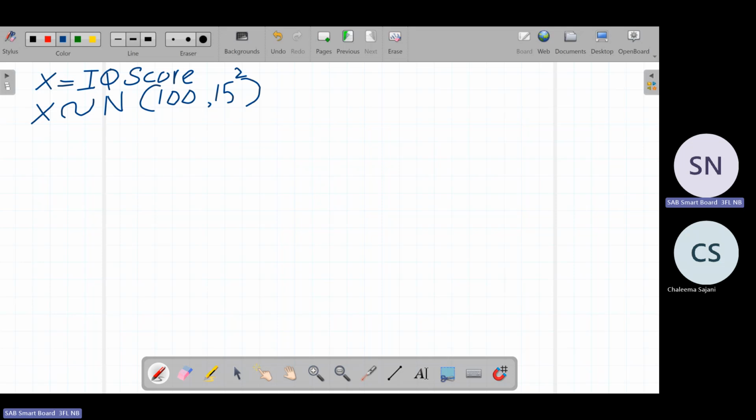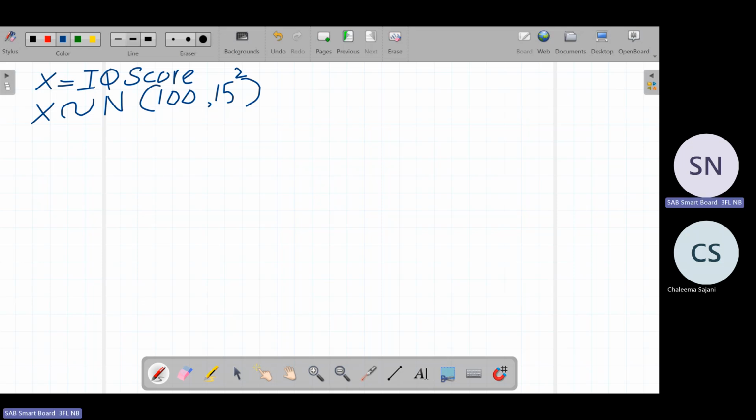Do not write the variance first. First the mean value, secondly the variance. Okay.